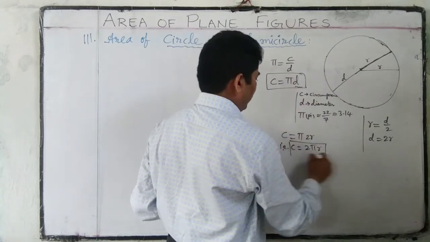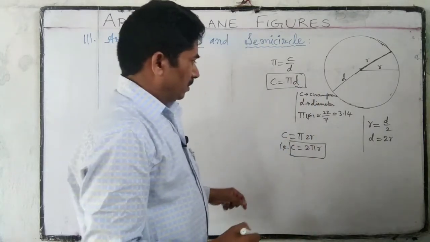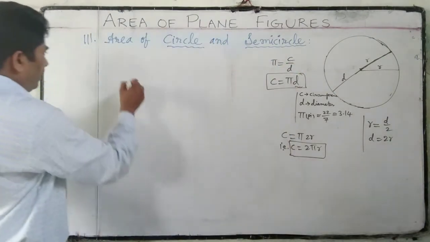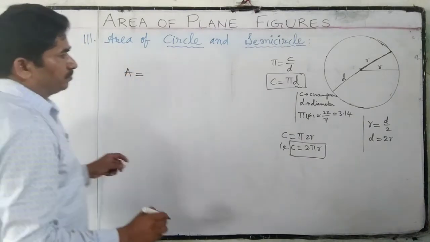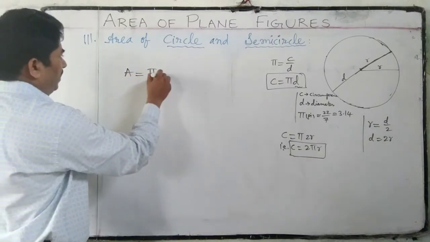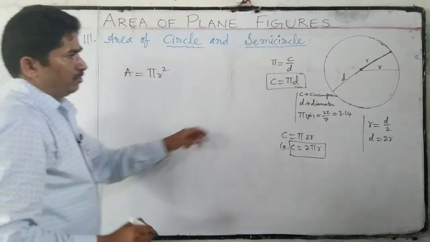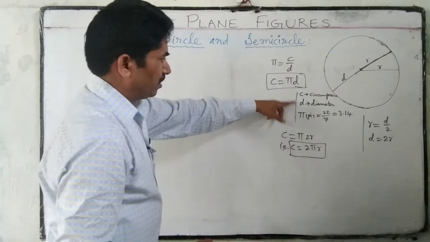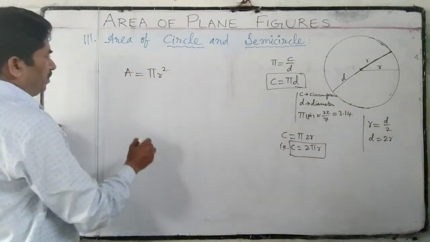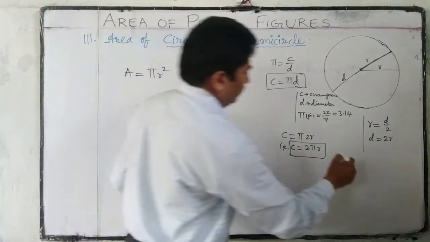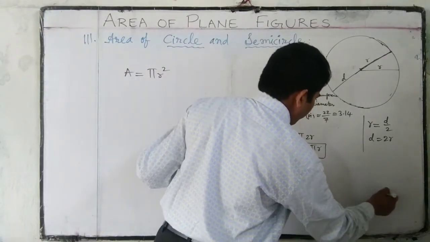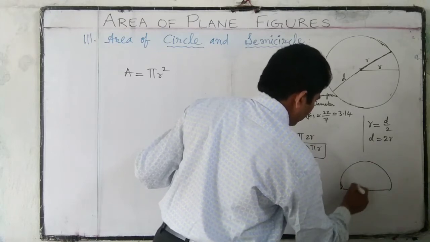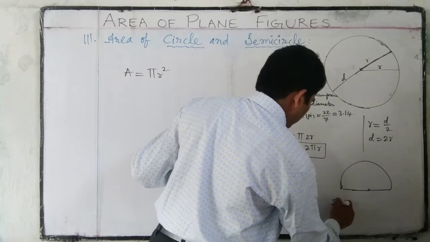This is also one formula. Now we have to know area of circle. A is equal to pi r square. This is the radius. Pi is a constant, 22/7. We know half of the circle is called semicircle.